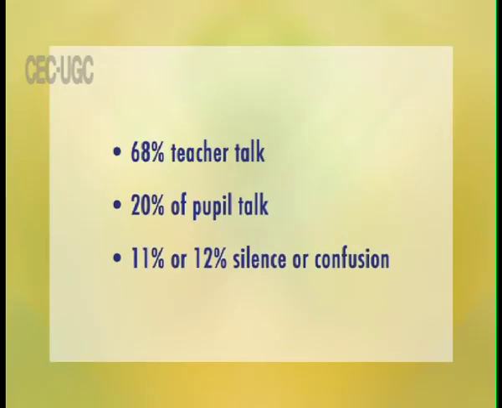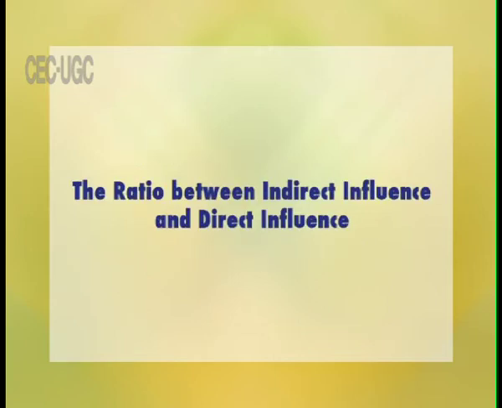After several years of observing, we anticipate an average of 68% teacher talk, 20% pupil talk and 11 or 12% silence or confusion. Number second, the ratio between indirect influence and direct influence.